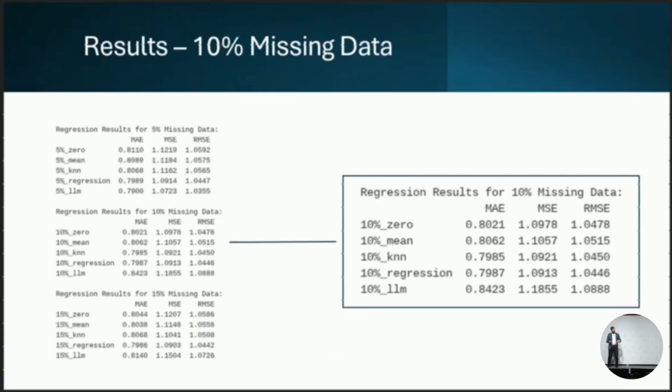But with 10% missing data, unfortunately, I wasn't seeing the LLM as the superior imputer anymore. It actually underperforms the zero and mean imputation methods that I saw as pretty simplistic and not as robust, maybe, in the 5% data set. 15% missing data, same story.